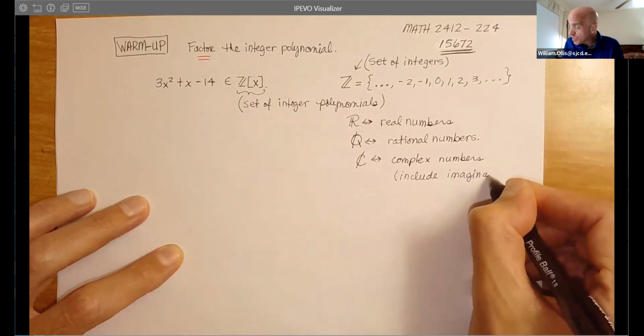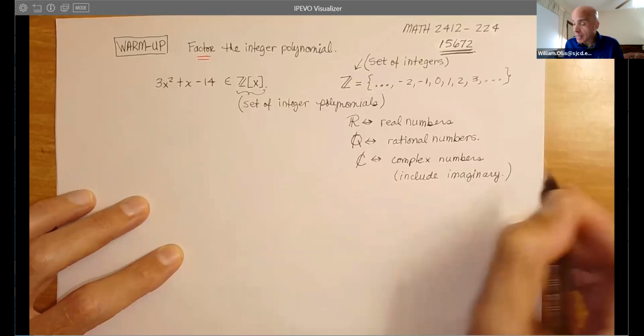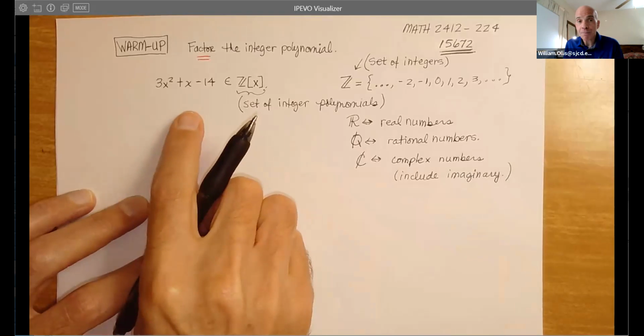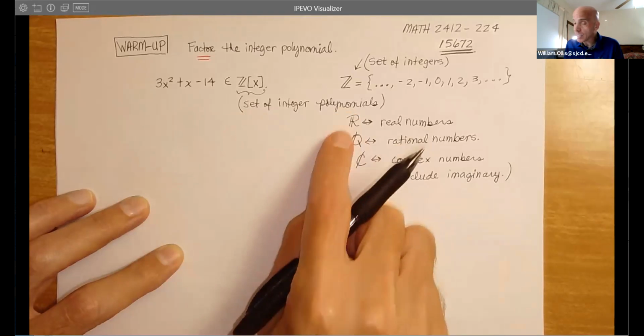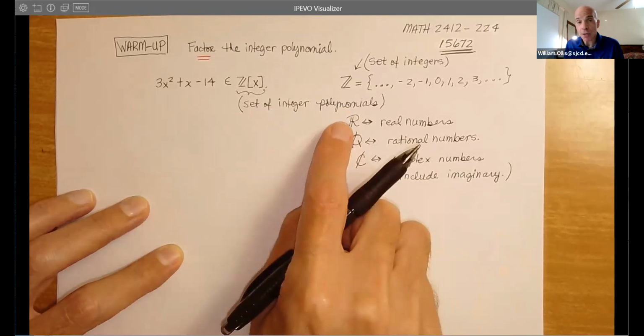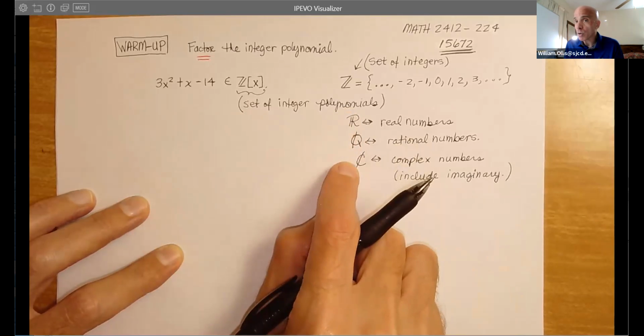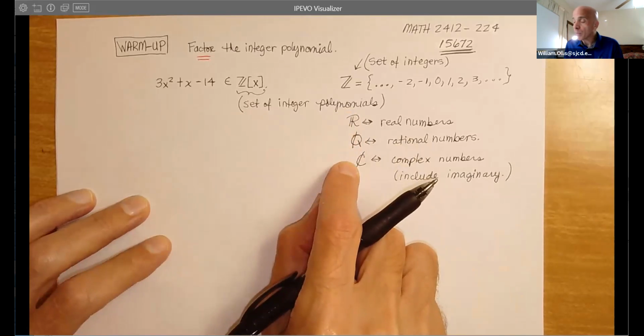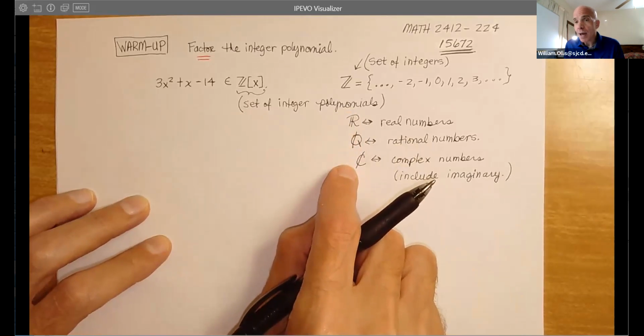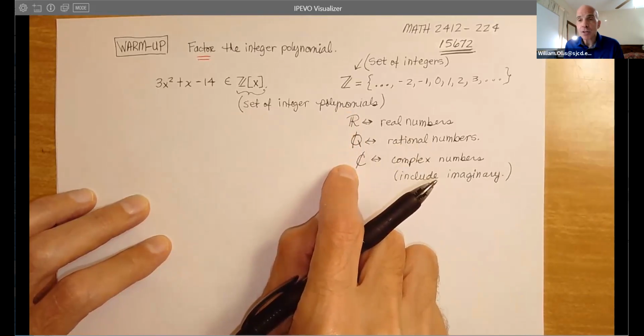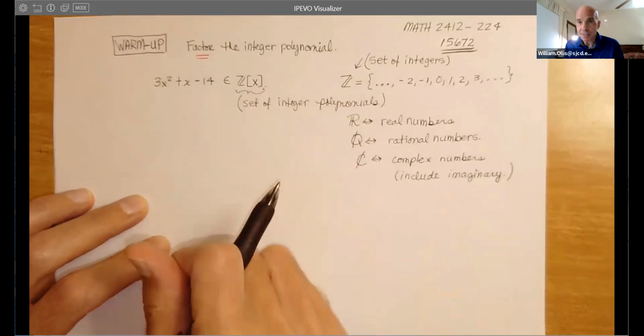So when we say a polynomial is an integer polynomial, since the integers are contained in all of these sets, it's really a real polynomial, it's a rational polynomial, and also a complex polynomial. Remember, when you say complex, you don't necessarily mean imaginary. You just mean that you're considering all possibilities.